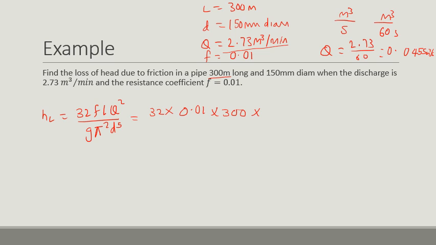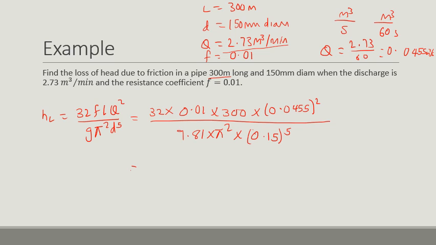So now we can use it, and that will now be equal to 0.0455 square over g. What is g? Acceleration due to gravity, 9.81, times pi square times d. Diameter is 150 millimeter, which will be divided by 1000 to get the value in meter, which is 0.15 raised to power 5.